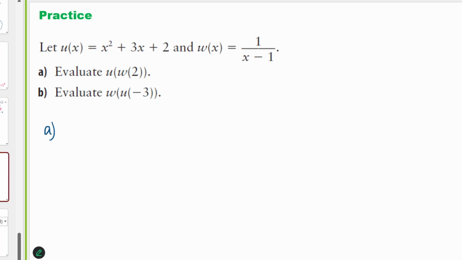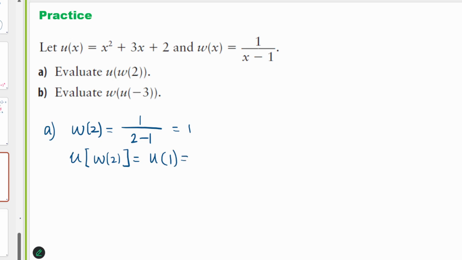What is w(2)? w(2) is 1 over 2 minus 1, which is 1, right? Can you follow me? And then u of w(2) is actually u(1), right? So what is u(1)? u(1) is 1 squared plus 3 times 1 plus 2, which is 6, not 5, right?